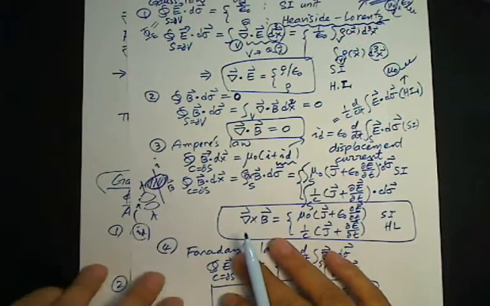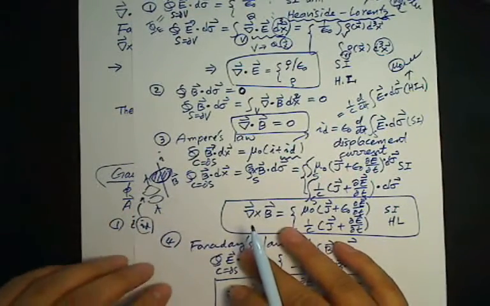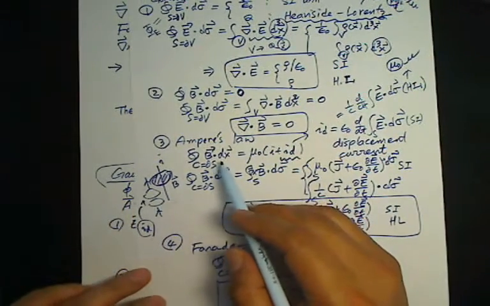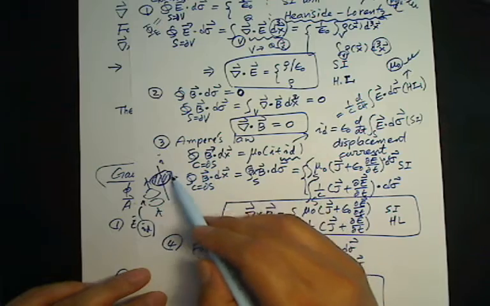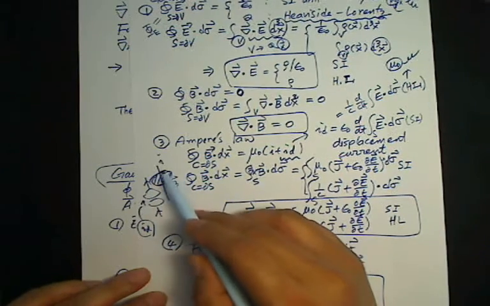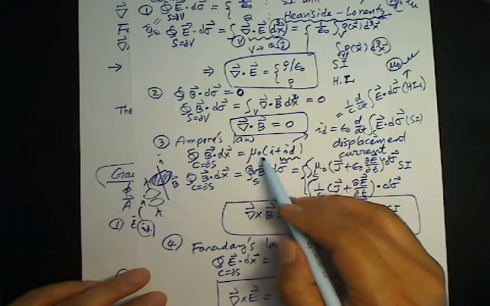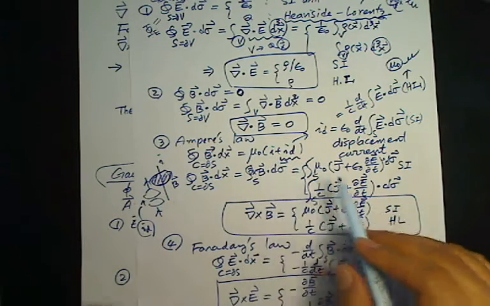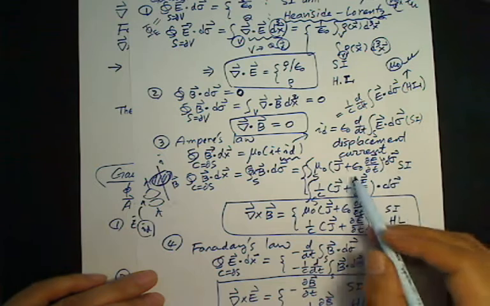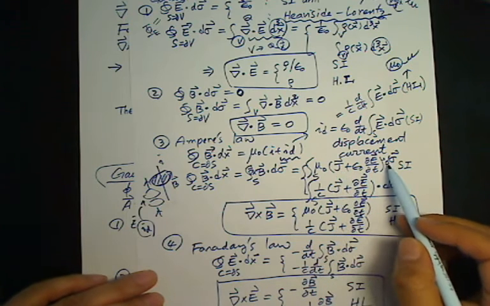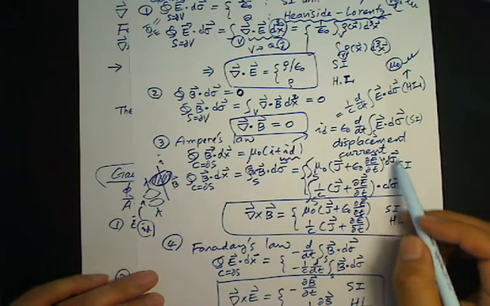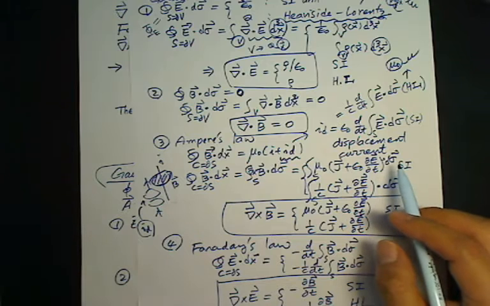Alright, therefore we find that the magnetic field's line integral along a closed curve is mu 0 times I, and I is expressed in terms of the current density scalar product with the cross-sectional area.